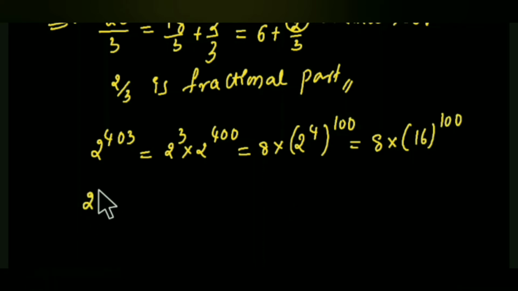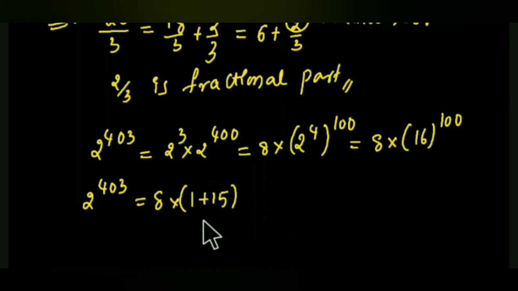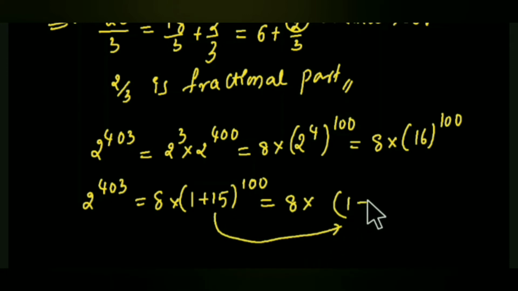Let us express 16 as 1 plus 15, because my intention is that it should be divisible by 15, and some remainder will be left out, as given in our problem. According to our shortcut formula, we can write 16 to the power 100 as 1 plus 15 into some integer.